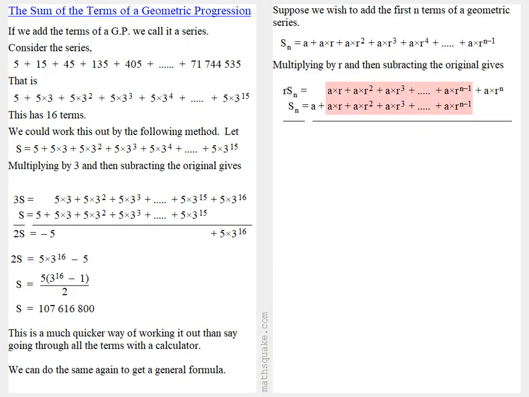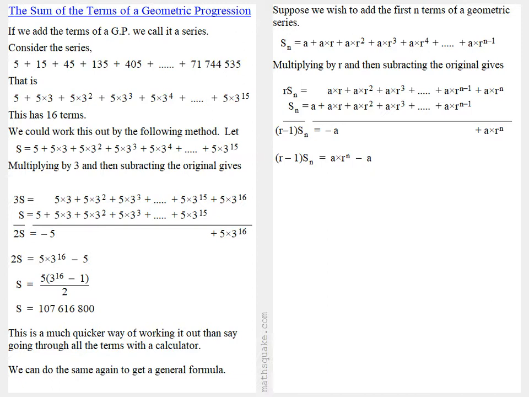Now if we subtract, on the left-hand side we have (r − 1)Sn, and on the right-hand side we have minus a, and then all the middle terms cancel out to just leave, at the end, plus ar^n. So (r − 1)Sn is equal to ar^n minus a.